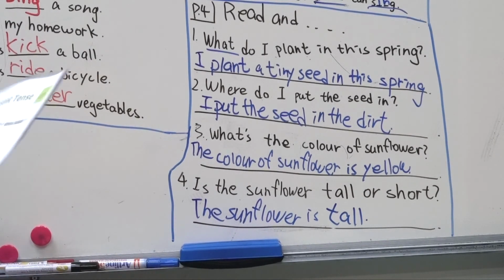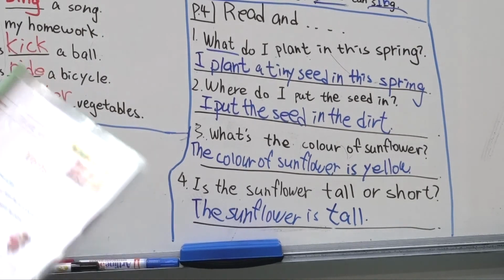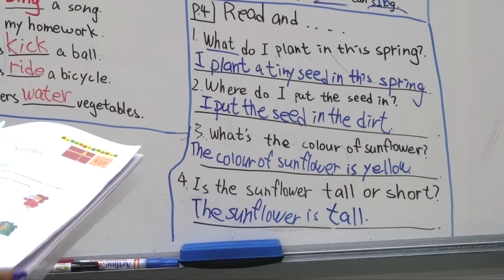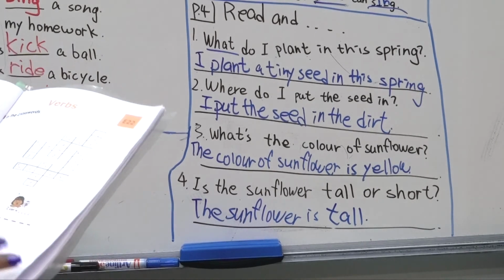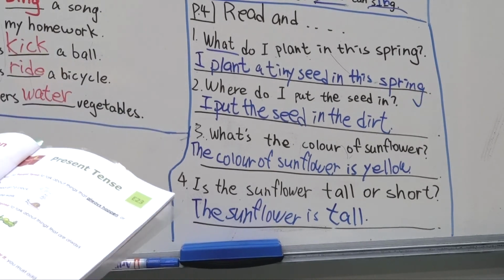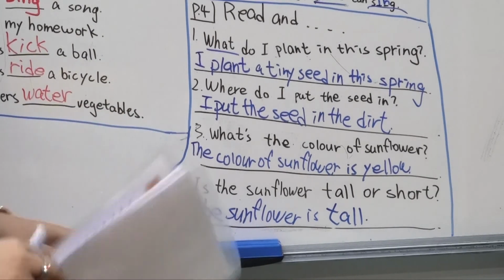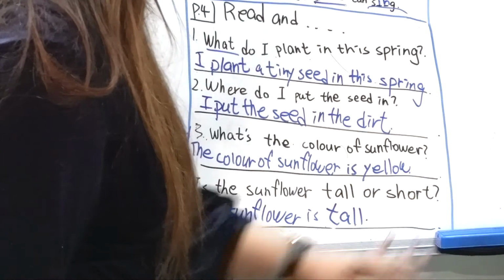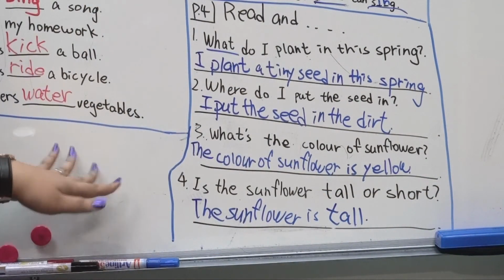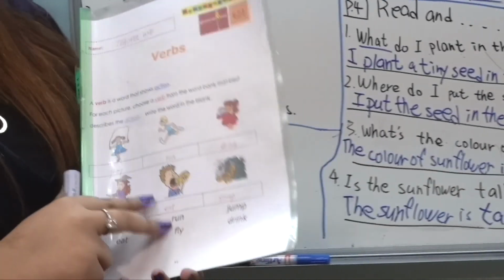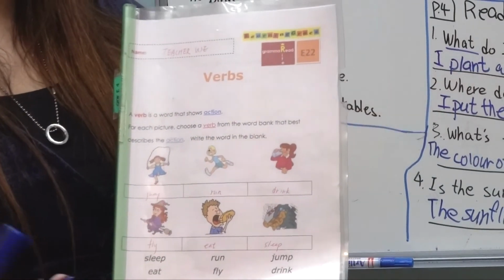Okay, check your answers. So if you're done with this, we are going to end the lesson soon. Okay, so everyone, today you have learned verbs, right? What does a verb do?